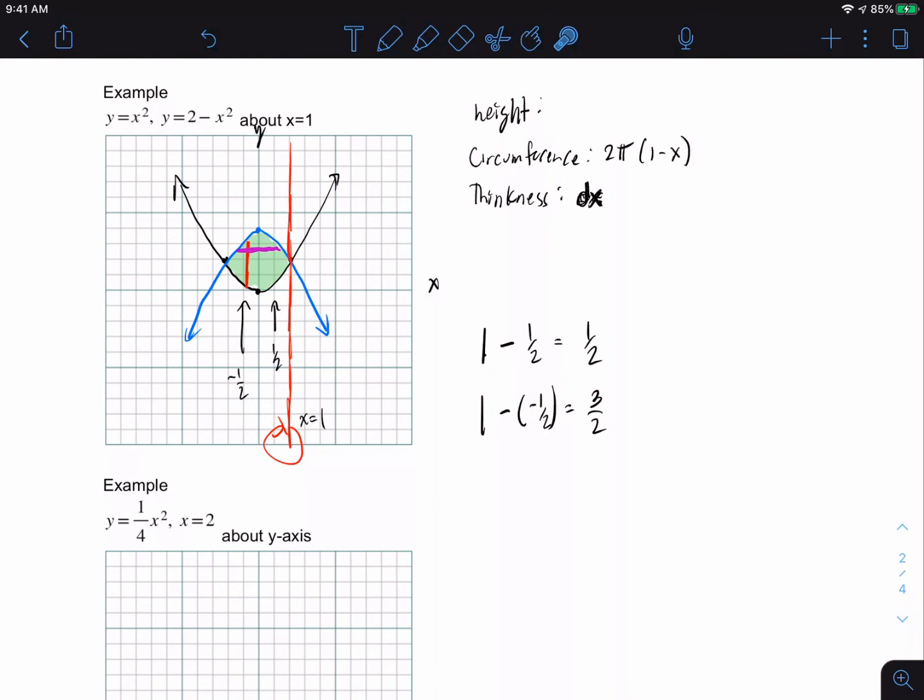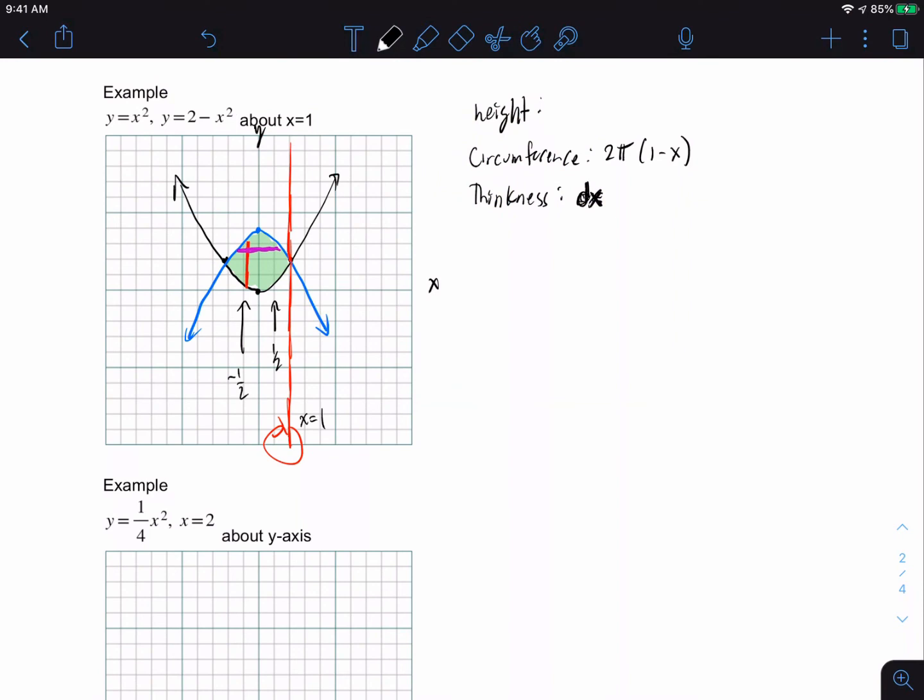If I would have been on the other side, let's say I would have been at a negative 3, then it changes our problem just a little bit there too, which we're going to do all those in just a bit, don't worry. I'm going to set them up so you guys can find the radius. But I wanted you guys to understand what's happening. You guys feel like you're starting to get it? Okay. Cool.